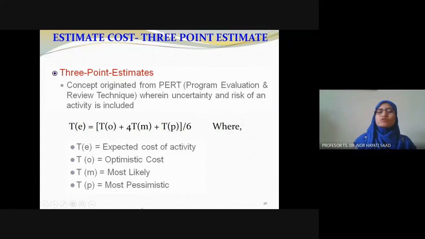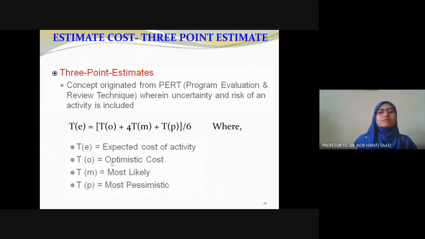The same approach is used to estimate cost, given the uncertainty we have in estimating it. TE is the expected cost of the activity. TO is the optimistic cost, the best case we can consider, meaning the lowest cost.